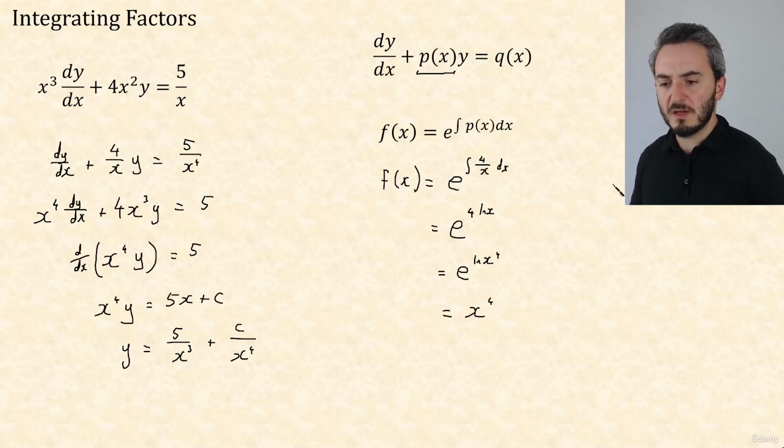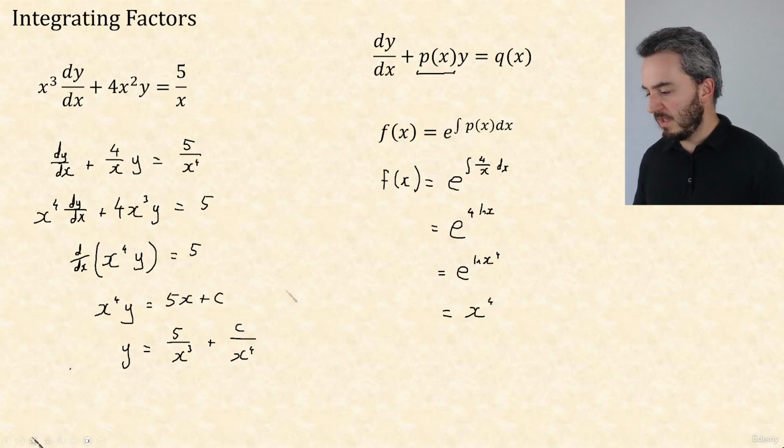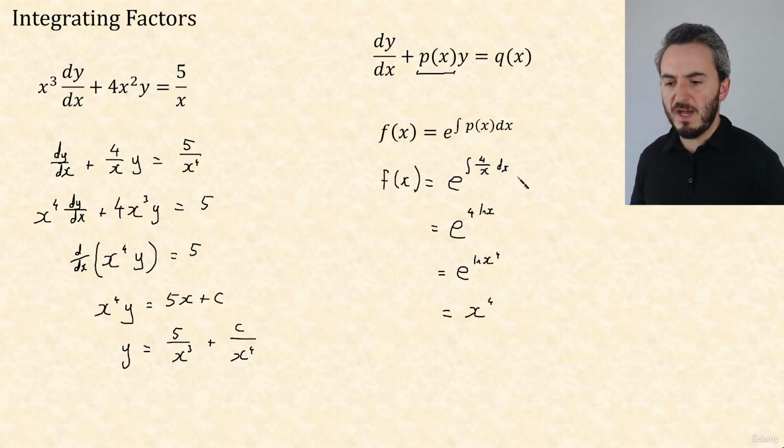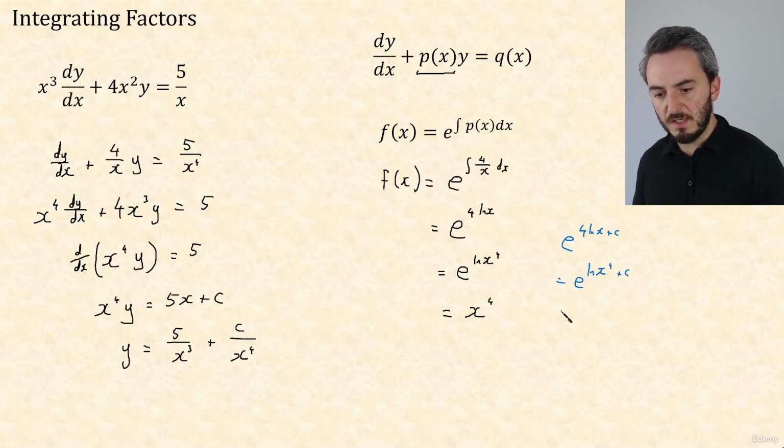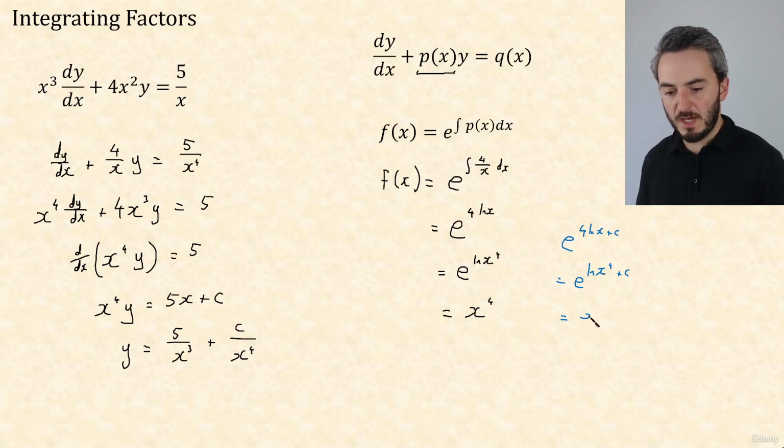I do want to loop back to why we did not bother with a plus c. We didn't bother with a plus c because of the following reason. If I had put a plus c here, let's say I'd had e to the 4 ln x plus c, so that's e to the ln x to the 4 plus c. What is that? Well, if I split this up, that's e to the c times x to the 4.